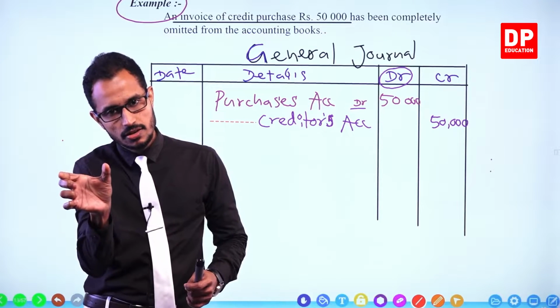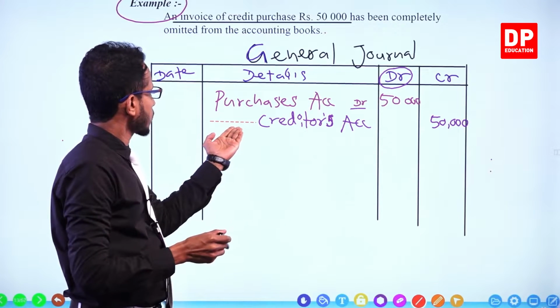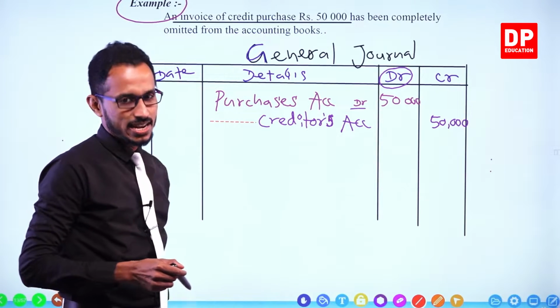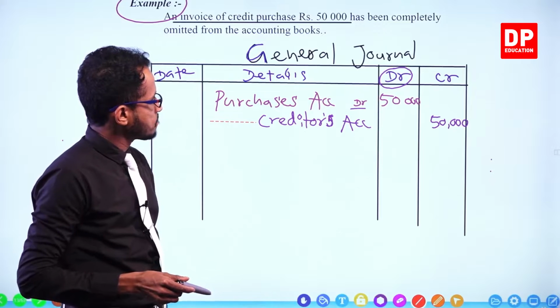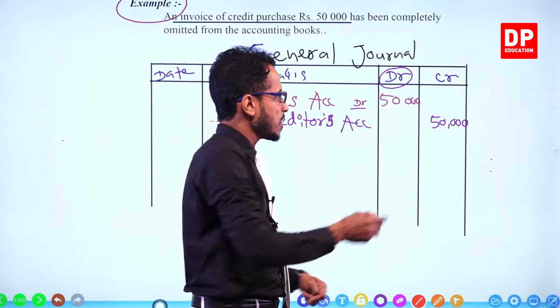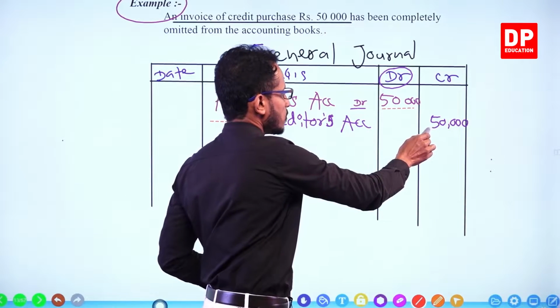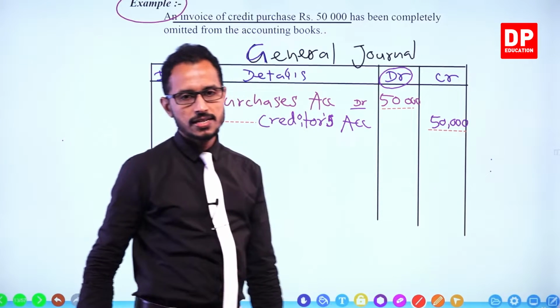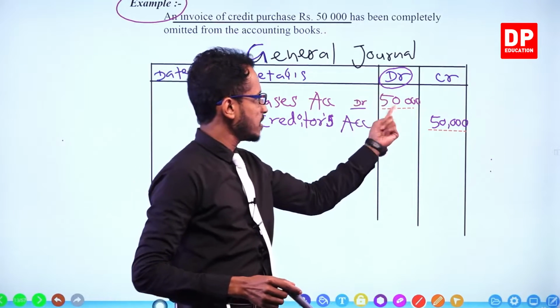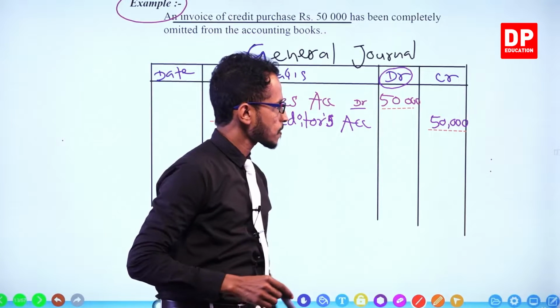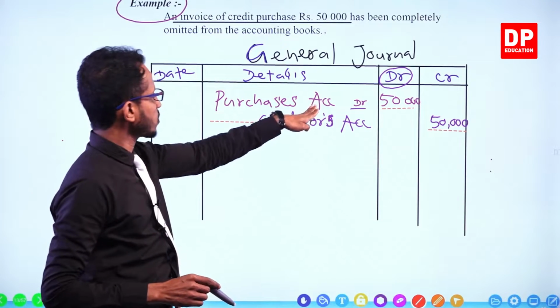You leave a little bit, and you start the credit entry. The same amount which is debited should be credited. That is the important thing. Okay, account names are written like this.